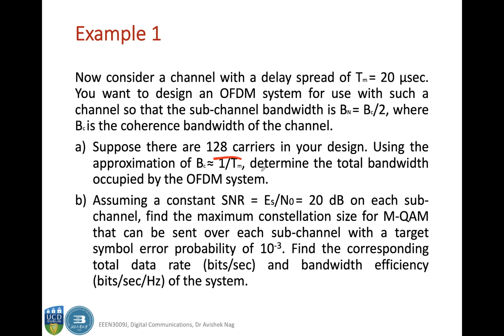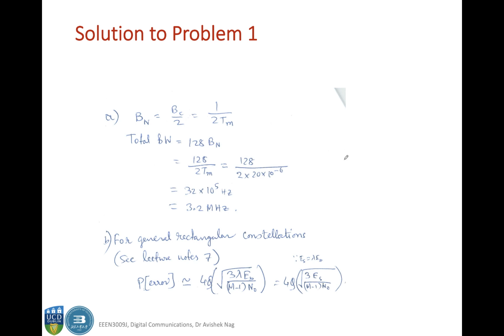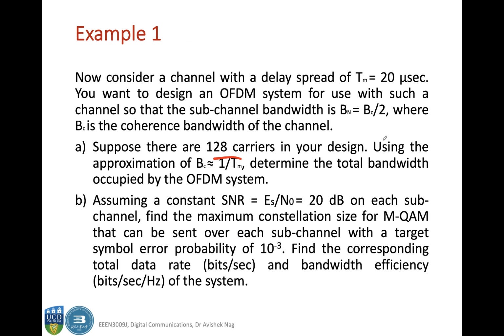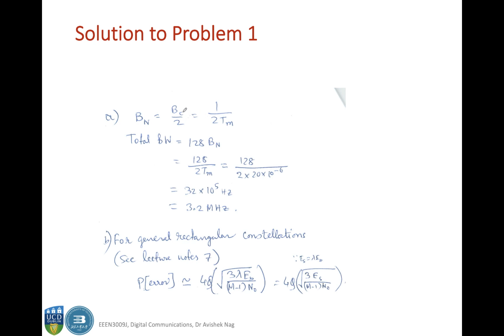Let's first look into the first part. Your Bn is equal to Bc by 2, that's what is given here, and Bc is 1 over Tm. This Bn is the bandwidth of each of the subcarriers.